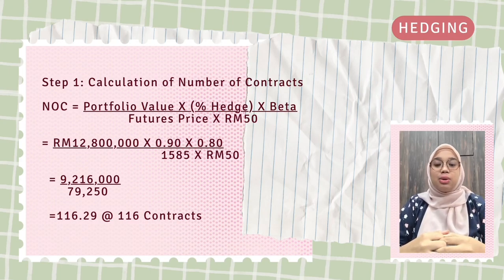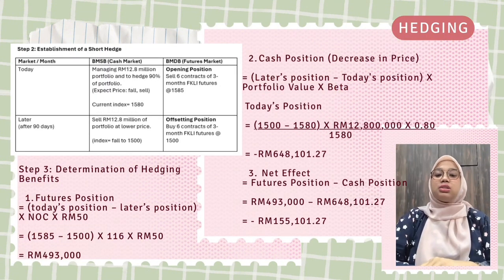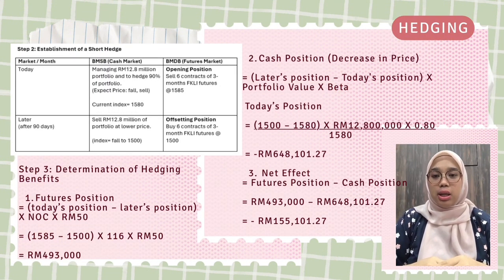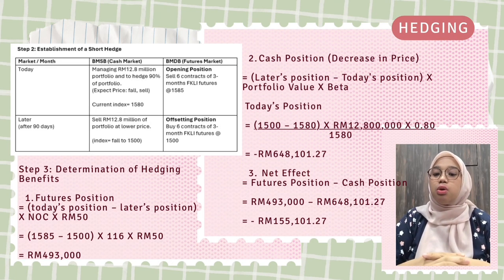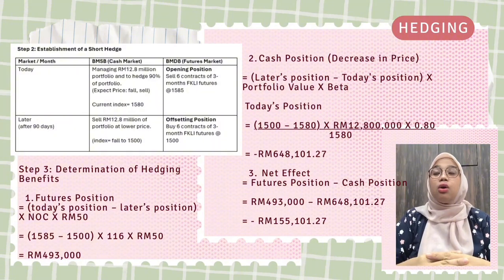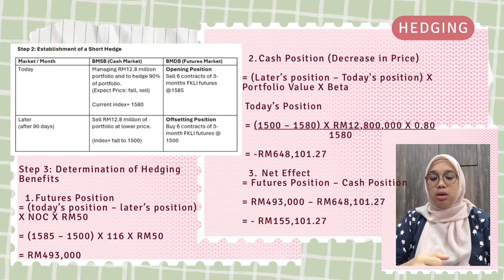So that is our number of contracts. In the cash market, we just hold on to our 12.8 million ringgit portfolio. But in the futures market, we open a safety net by selling FKLI contracts at 1585.